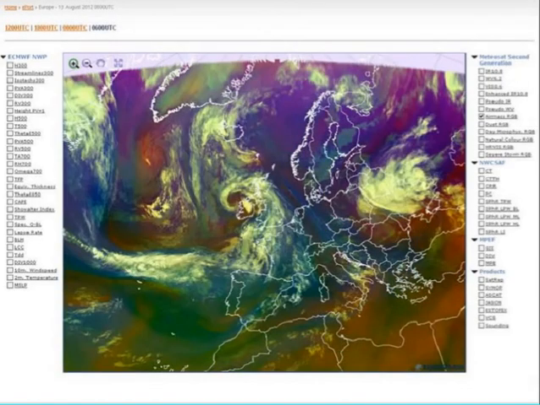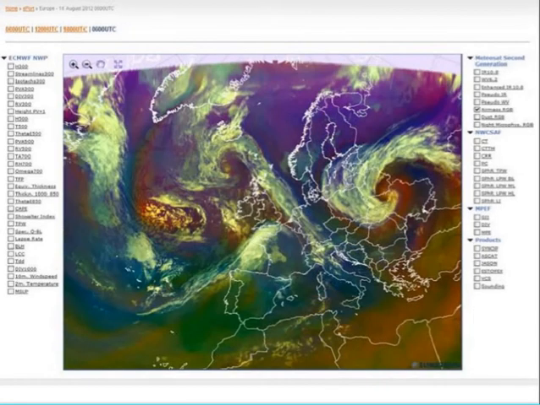If you look at the situation yesterday at 6 UTC, you will see that the low or the occlusion over Eastern Europe is still not developed completely. At 0 UTC today, you can already see the spiral very nicely, so the occlusion develops.